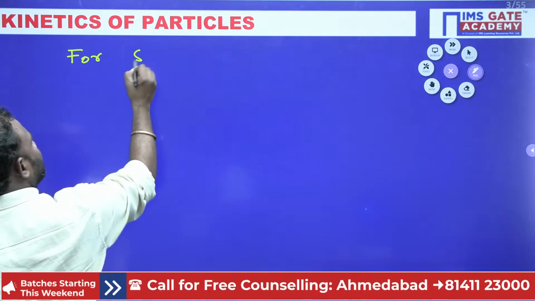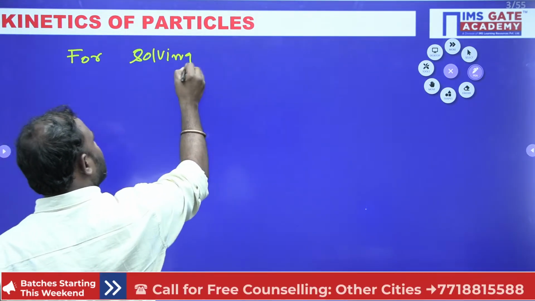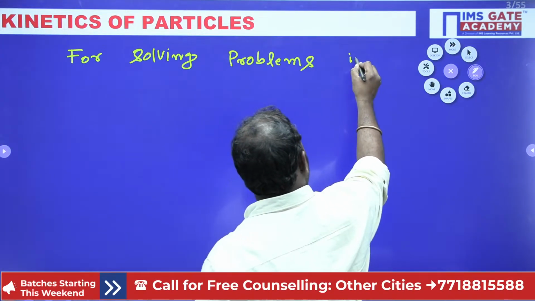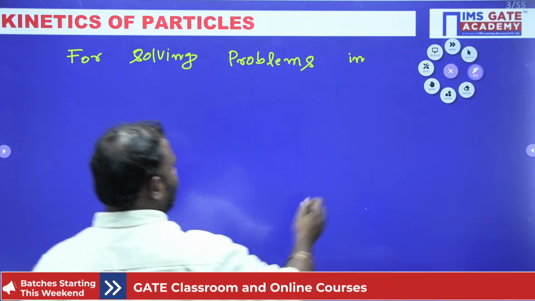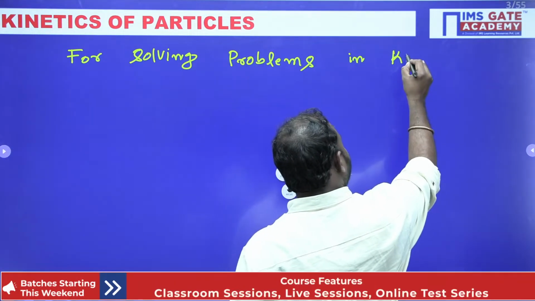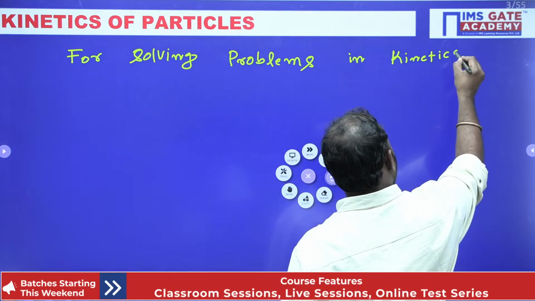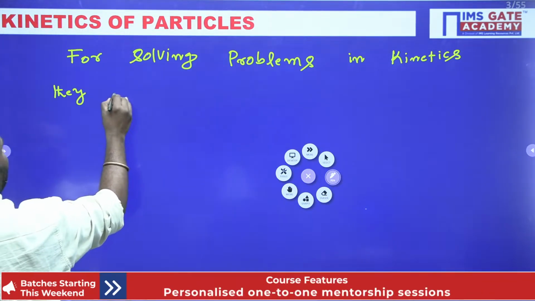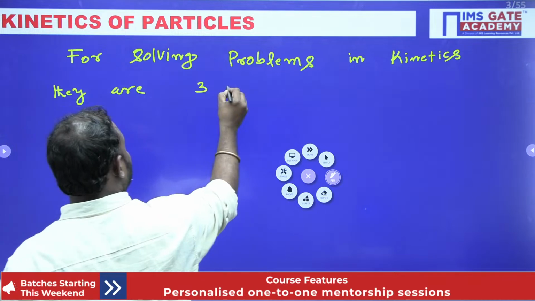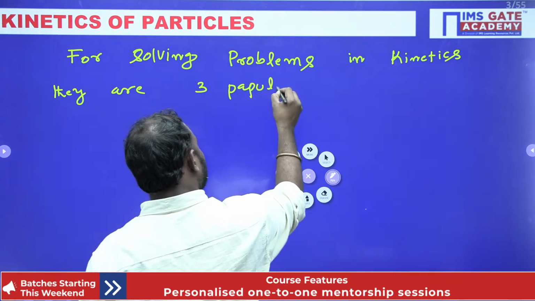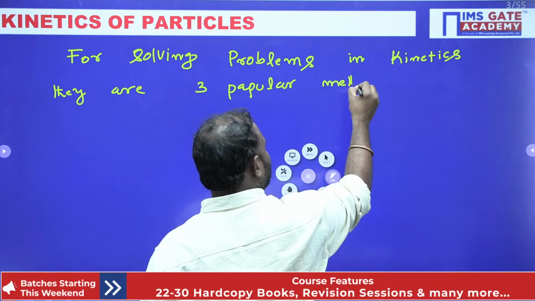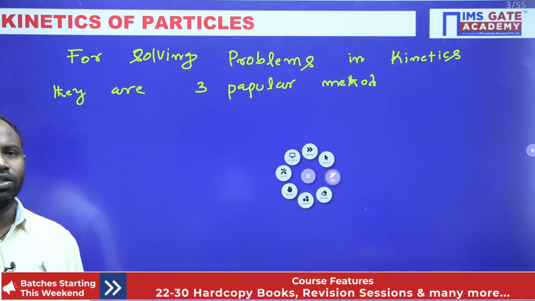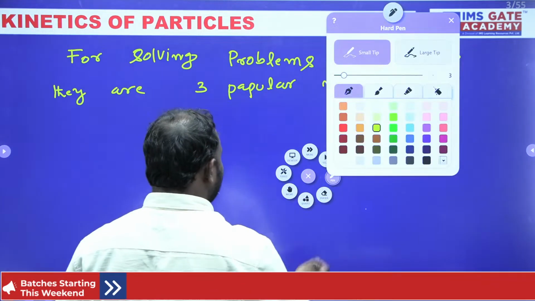For solving problems in kinetics, there are three popular methods used. What kind of problems we have in kinetics, we are going to see today. The first method is D'Alembert's principle.